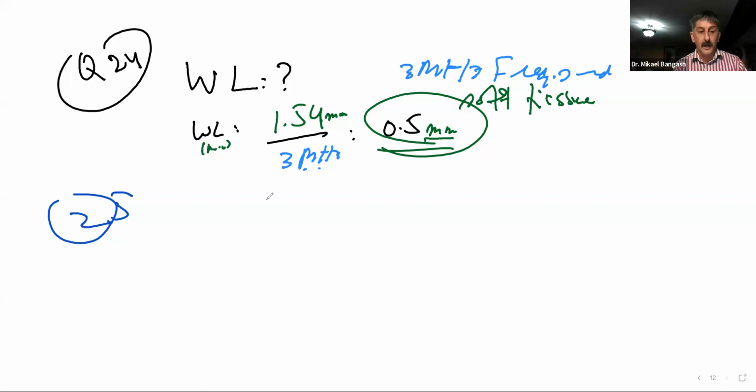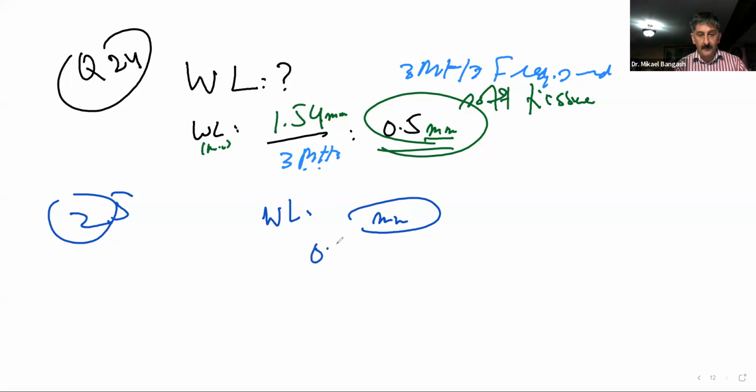Clear? It's a unit of length, which is why it can be the correct answer.